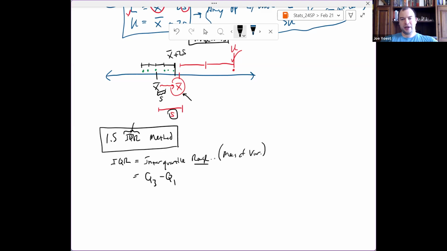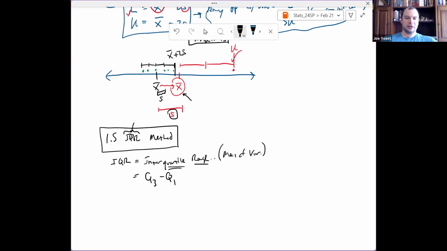So it's a range, something like a max minus a min, but it's a range with respect to the quartiles, Q1 and Q3. It's the difference between Q3 and Q1. In other words, it's the distance between the first quartile data value and the third quartile data value. This is a measure of variation. So it's a little bit like, say, something like a standard deviation.